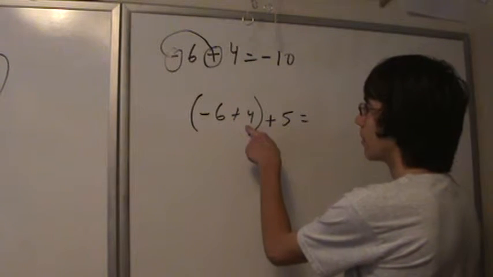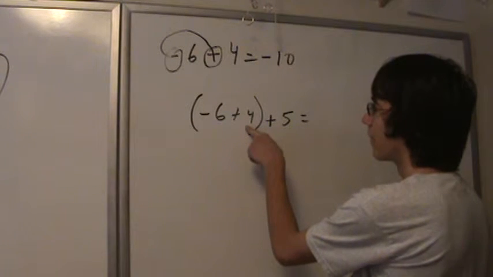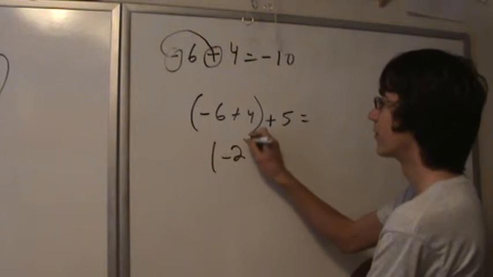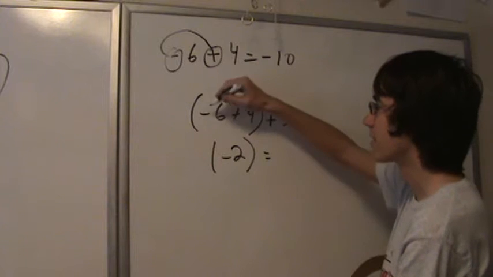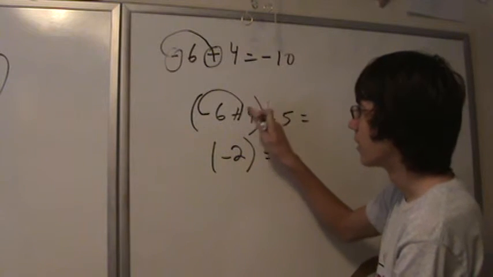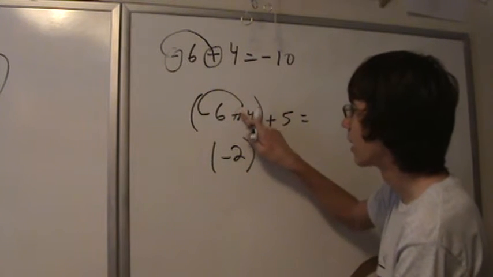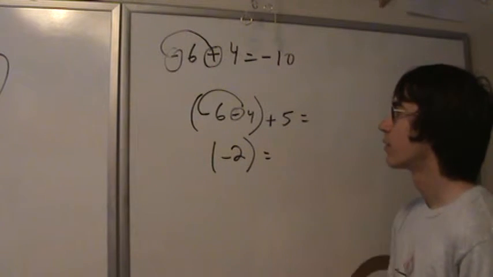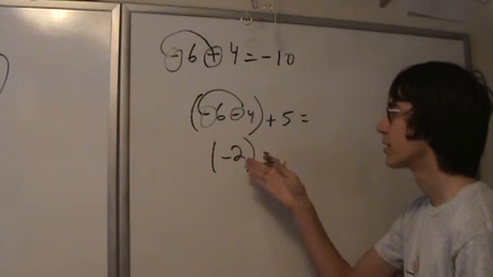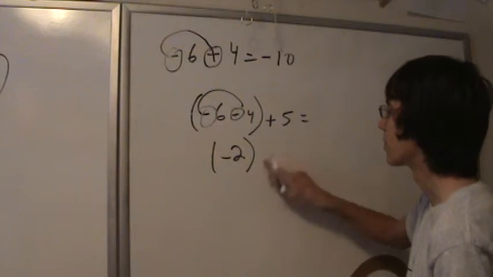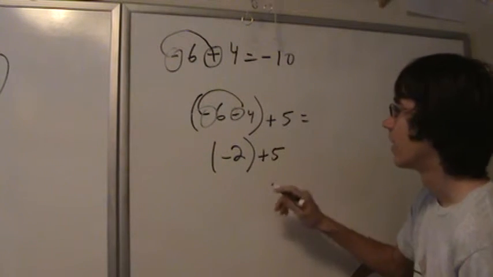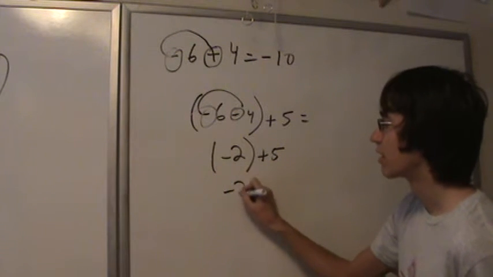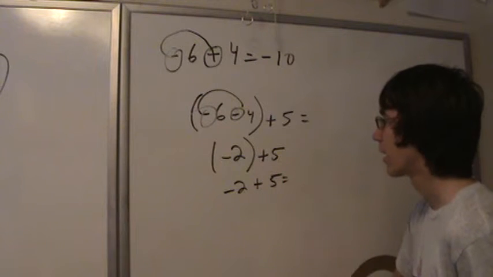So we have negative 6 plus 4, and obviously you have said negative 2, because remember, this comes up and removes that little line right there, and it becomes negative. And 6 minus 4 is 2, but then the 6 is negative, so it's negative 2. Oops, why did I do equals? Plus 5. And then the parentheses are just there to scare you. So you don't really need the parentheses right here. You can just do it like that.